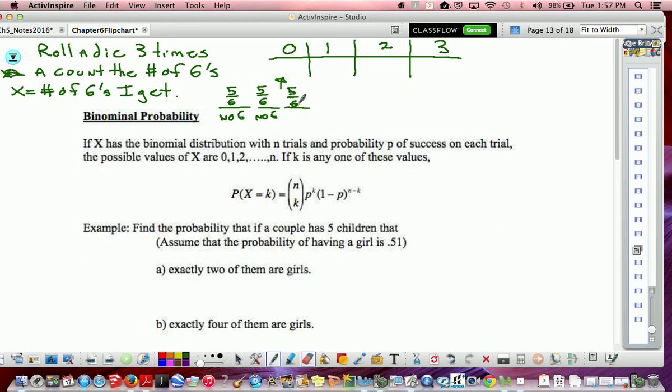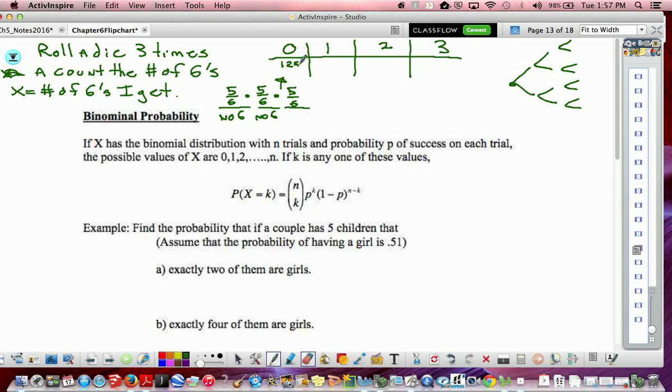Well, I can't add them because it would add up to 15 over 6, and that's over 1. You actually multiply them. Because it's like a tree diagram. Six, no 6, 6, no 6. Then you do it again. So you're going to see there's a whole bunch of outcomes to take into account.